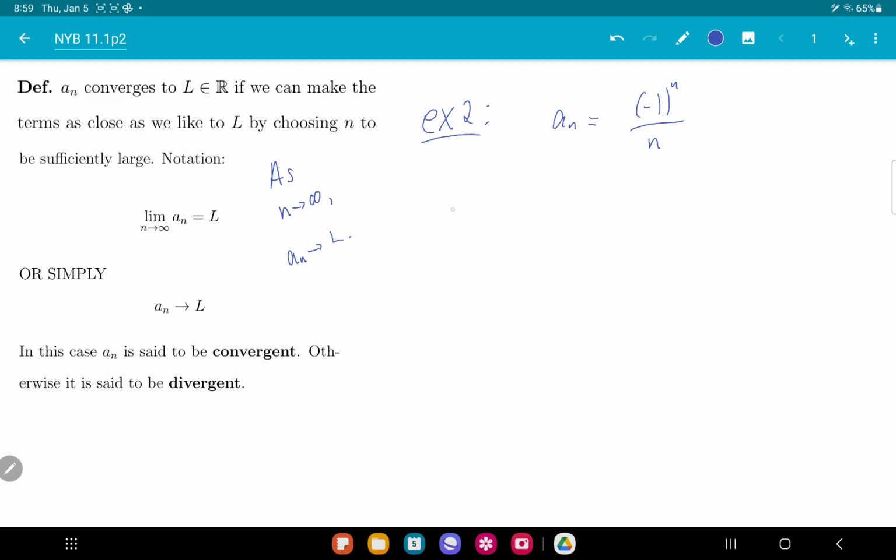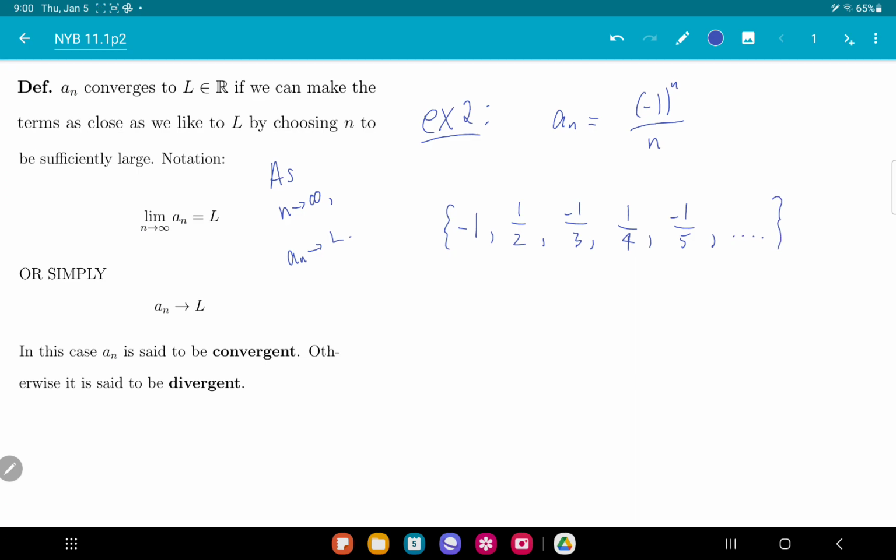This one's a little bit different and a much different conclusion. So writing out the terms, I'm going to get -1, and then 1 over 2, then -1 over 3, then +1 over 4, -1 over 5.